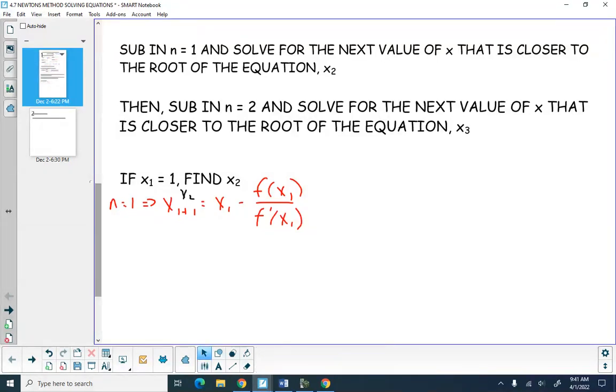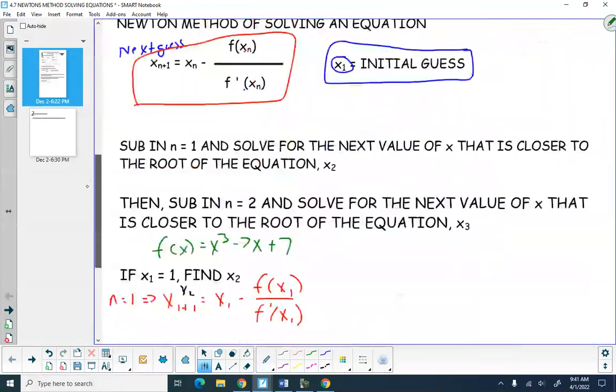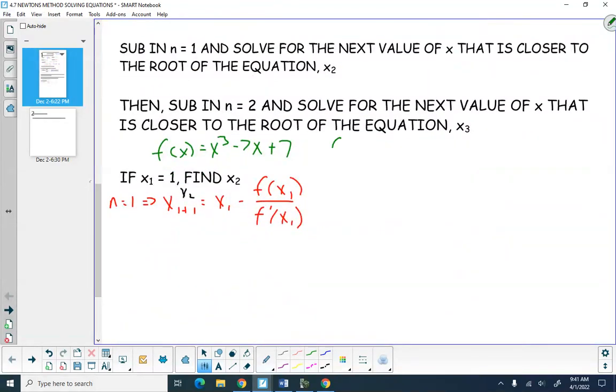Well, for us to be able to utilize this, we need to also work with the derivative. We have our function is x cubed minus 7x plus 7. And we have to find the derivative of this, which hopefully we can say is 3x squared minus 7.